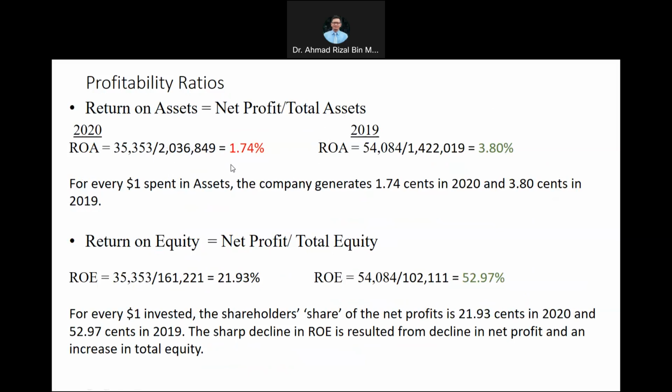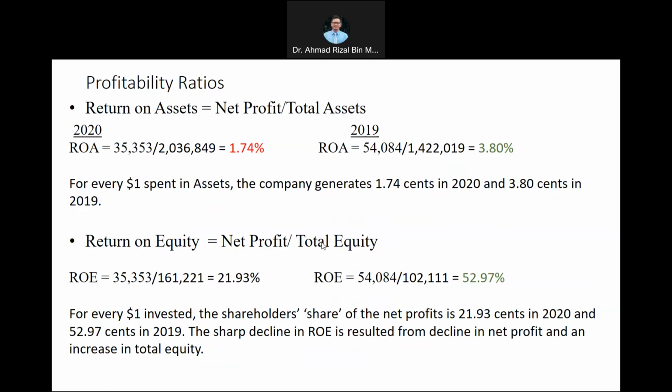So ROA is about 1.74% in 2020 and 3.8% in 2019. This is measuring how good the company's management is at utilizing the assets in generating the revenue and the net profit.